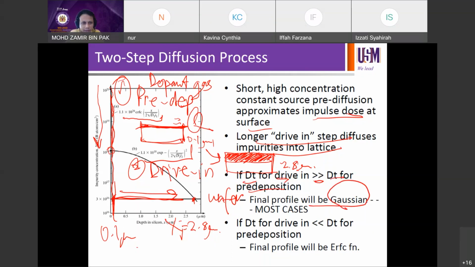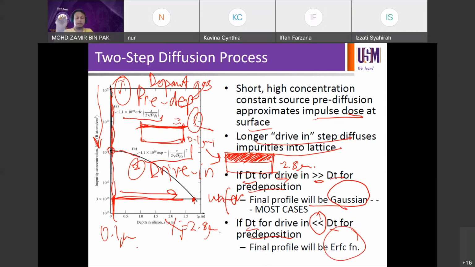Okay, so we are actually following the Gaussian profile because the Dt for drive-in is way bigger than the Dt of pre-dep, right? So if the Dt for drive-in is much less than the Dt for pre-dep, the final profile will be error function. Okay, rarely the case.